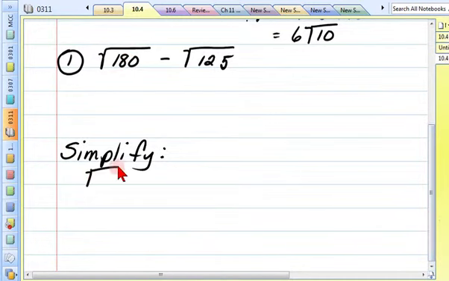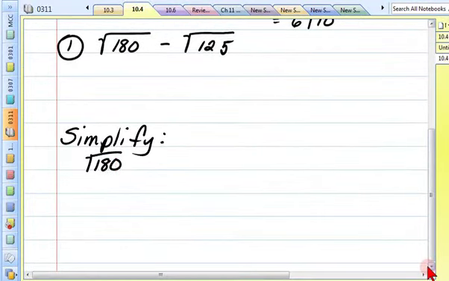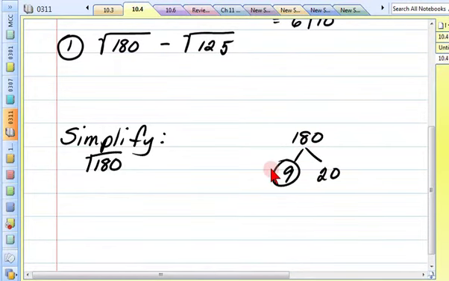All right, the square root of 180. Can you think of a perfect square that goes into 180? 9. Okay, let's just kind of work with it over here. 180 is 9 times 20, and that's a perfect square. Does 20 have a perfect square in it? 4.